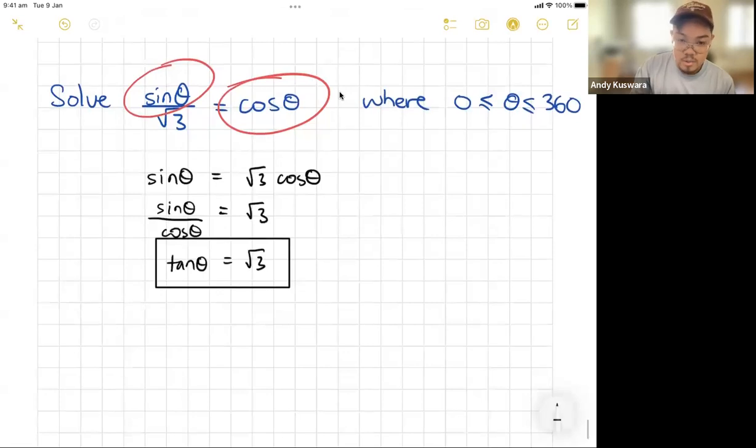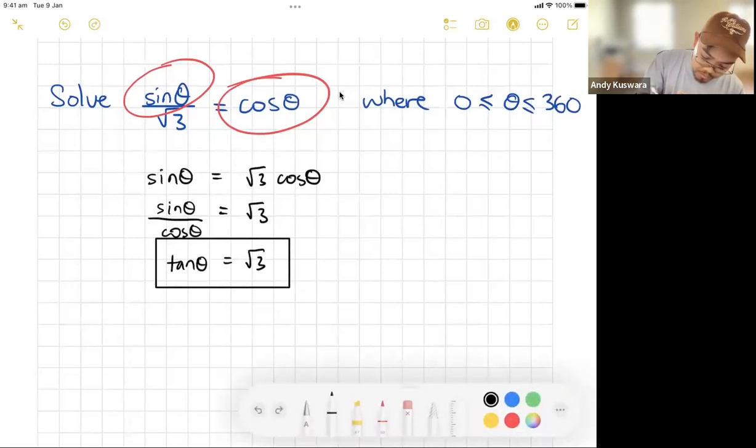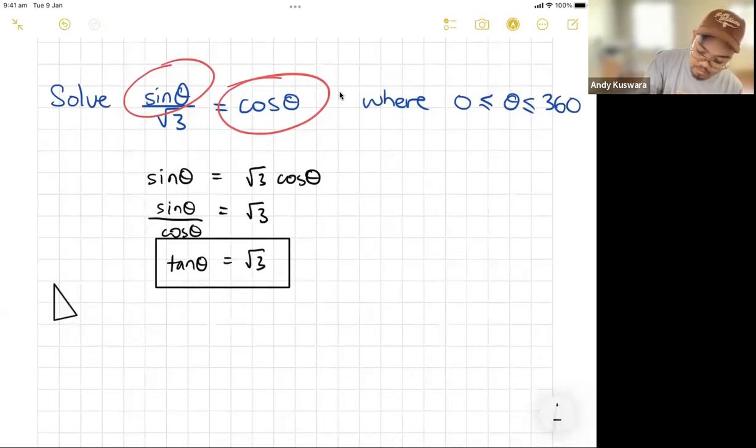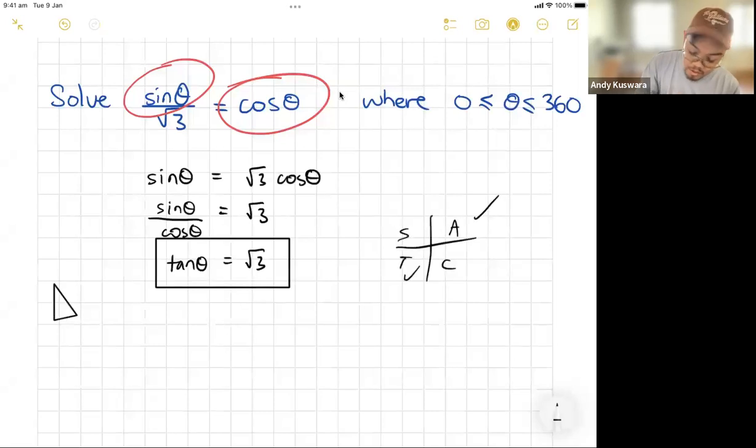I would solve this as usual. I'm pretty sure drawing a triangle, solving for the first quadrant, and finding with all stations to central that tan is positive in the first and in the third. 1, 2, root 3. I think theta would be 60 degrees. I'm not going to go through how I did that; you can solve that yourself.